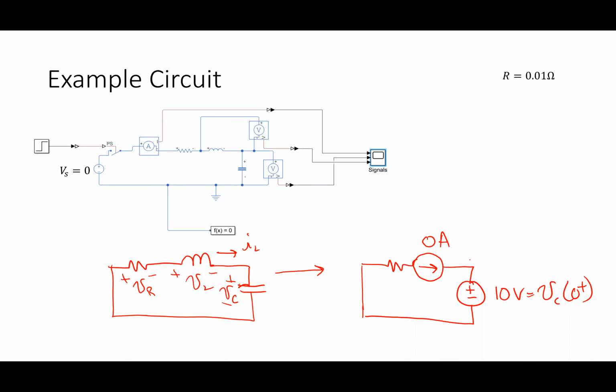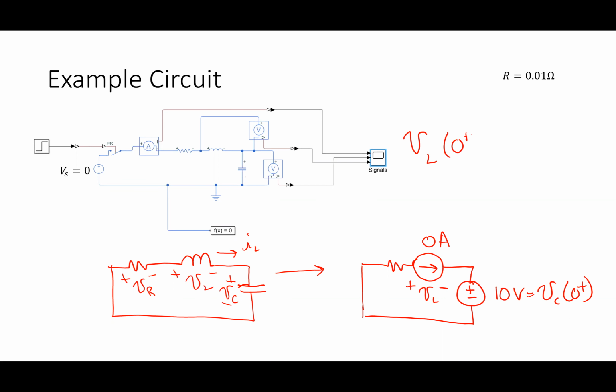So if I looked at that particular loop and I said V sub L is the voltage this way, okay? What is that voltage going to be? -10. Negative 10. How did you get that?